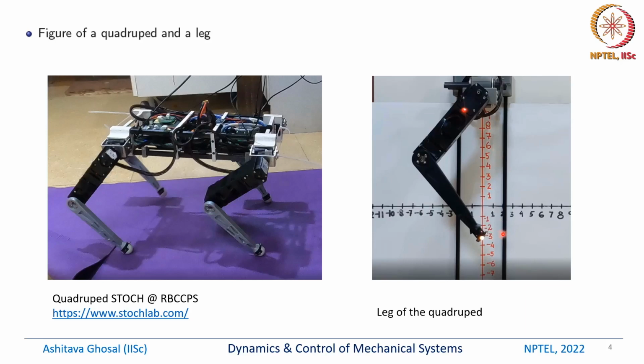This is just one of the motions of this leg, and I am going to show you how we can control the motion of the tip of this leg using PD control. We have looked at PD control earlier. Actually, we have looked at PID control, but we will use a simpler form of PID control, which is the PD controller.